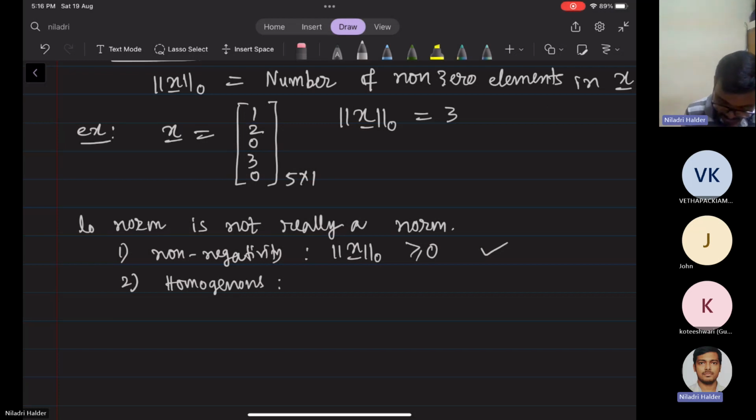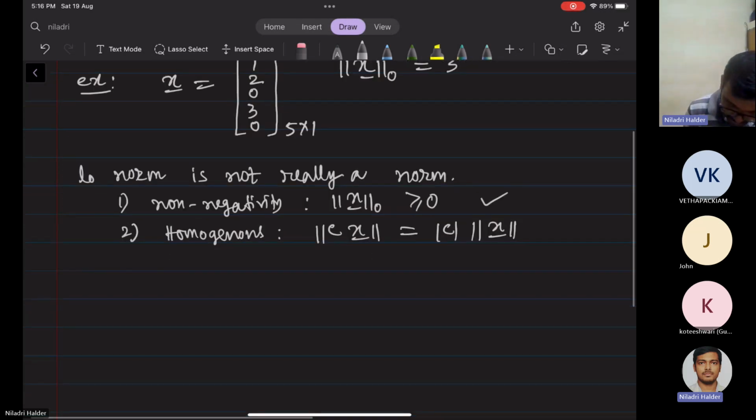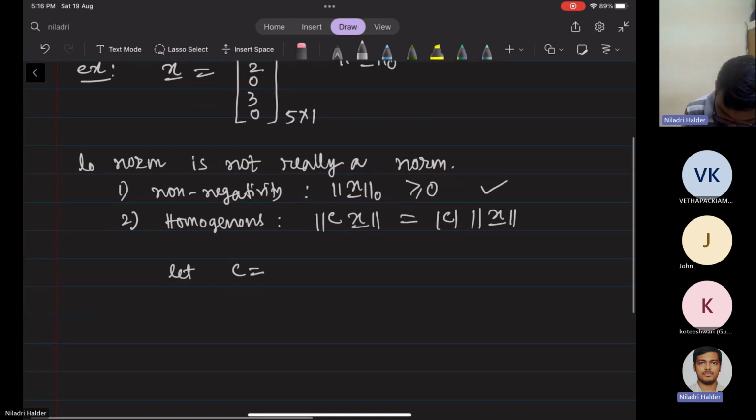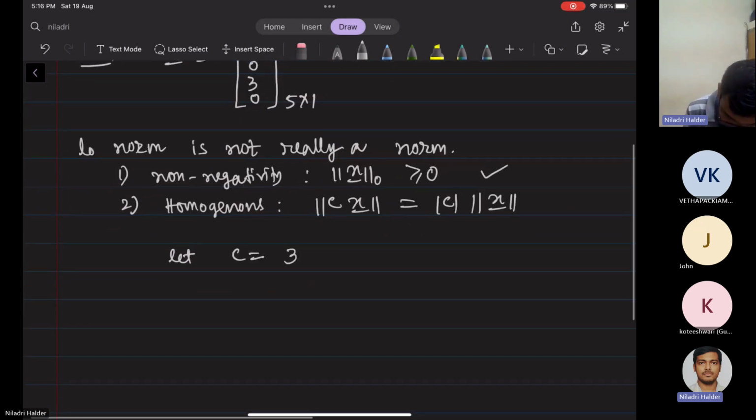That means the norm of c times x should be equal to mod c times the norm of x. This condition should be satisfied, but let's check. Suppose c is equal to 3.